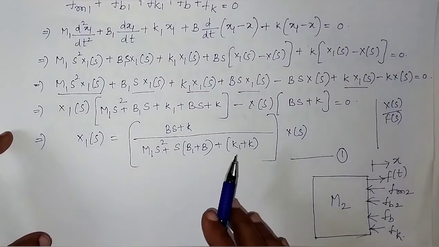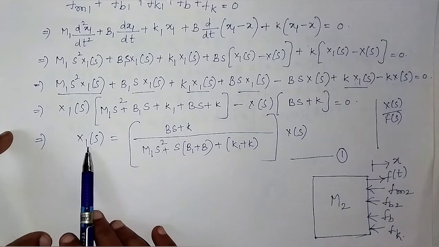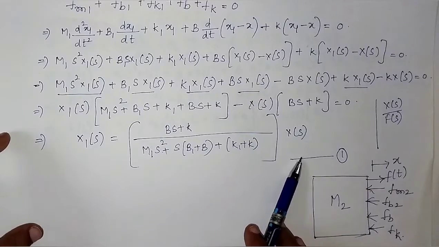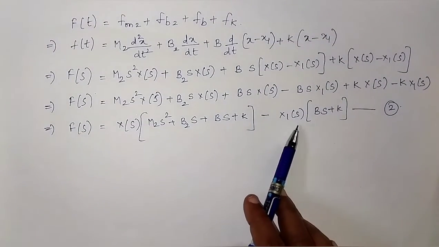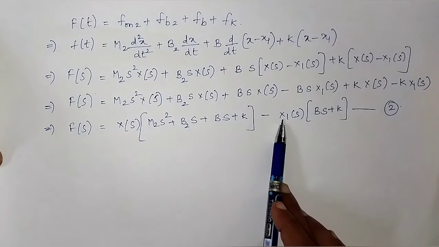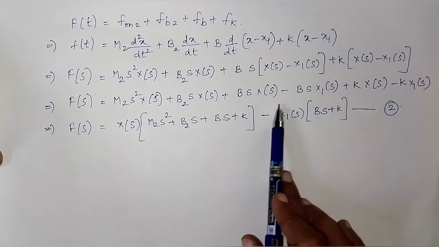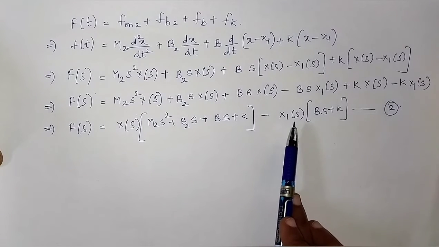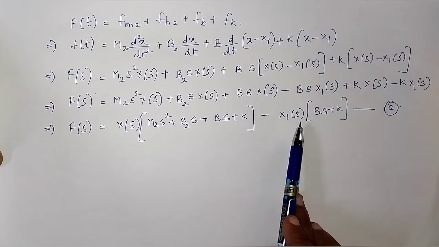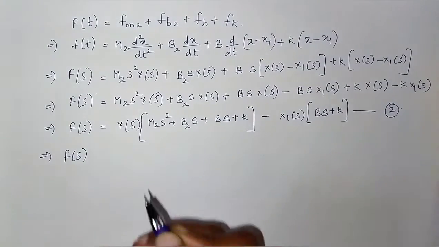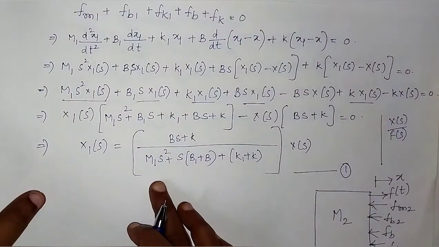We are supposed to substitute this x1 of s from equation 1, substituting equation 1 in 2. Okay, so on the whole we get the total frame in terms of only x of s. So you are just trying to avoid this x1 of s by substituting x1 of s from the equation 1. That's equal to F of s. So already we have got this.